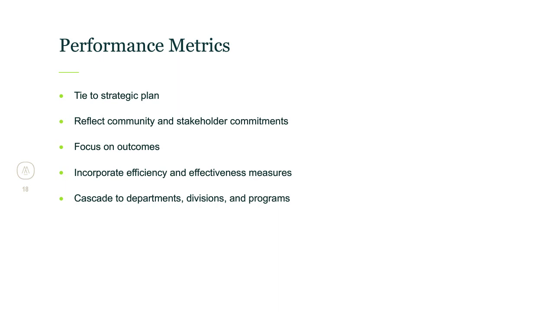In those areas, perhaps what can we do to enhance either the efficiency or the effectiveness of performance in those areas? And so that's a great input in our minds to an internal audit program.